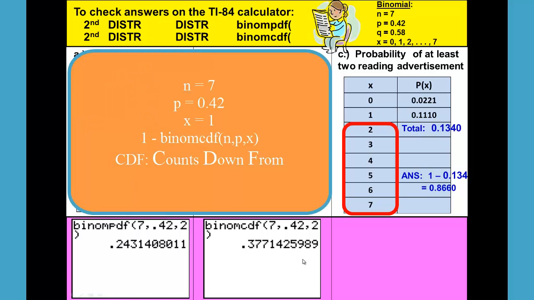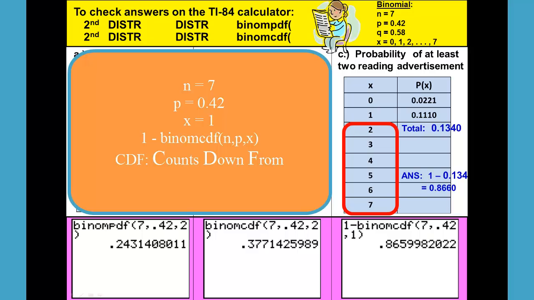On to C, the probability of at least 2 reading the advertisement. Remember that we want to do this with the complement. Since the 2 goes up the number scale, the cumulative distribution function won't work since it counts down from it. And we don't want to count down from 7 because it goes all the way to 0. But if we use the complement, we can count down not from 2 but from 1.